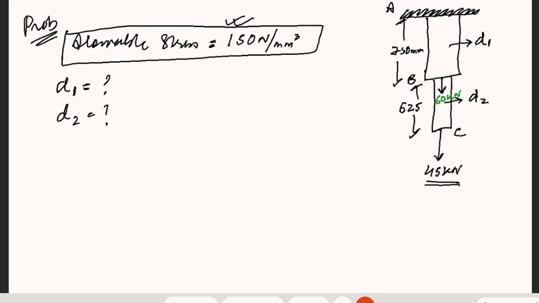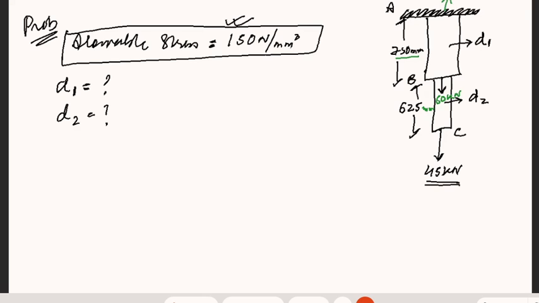Now, with regard to this problem, we have two loads: 60 kilonewton at point B and 45 kilonewton at point C. The allowable stress and the lengths of the bars, 625 mm and 750 mm, are already given. With this type of loading, the stresses induced in the material will be tensile stresses, because the load goes downwards and the fixed end has to resist it in the opposite direction.